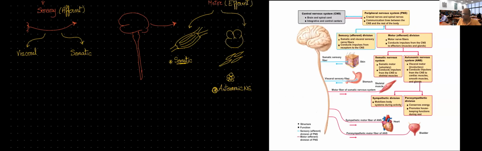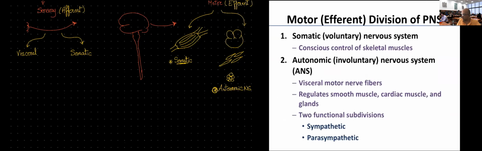We've got two divisions of the autonomic nervous system. Those are the sympathetic nervous system and the parasympathetic nervous system. Sympathetic nervous system is going to be activated in case of fight or flight, in case of stress.